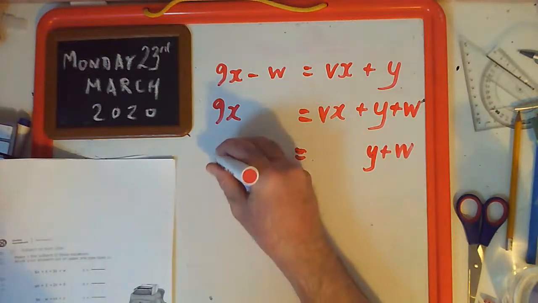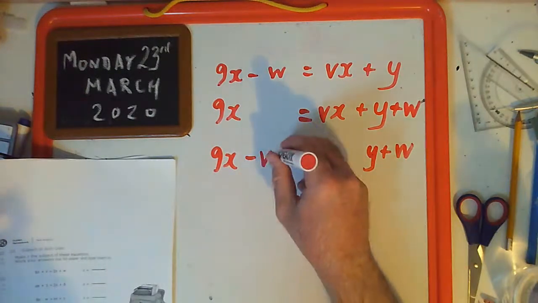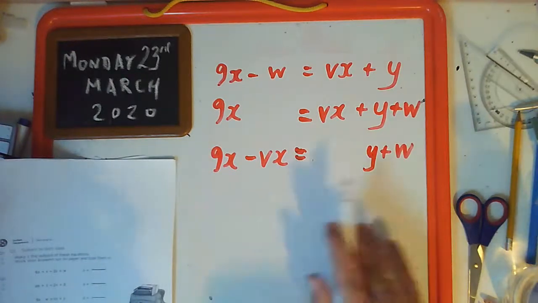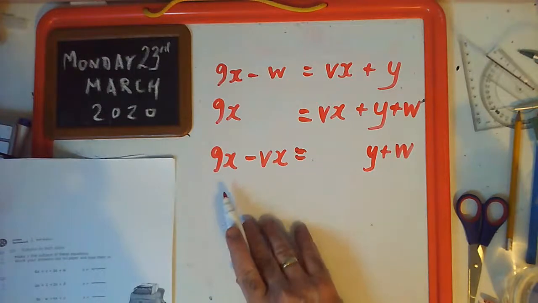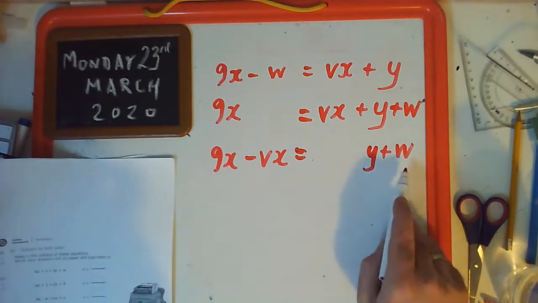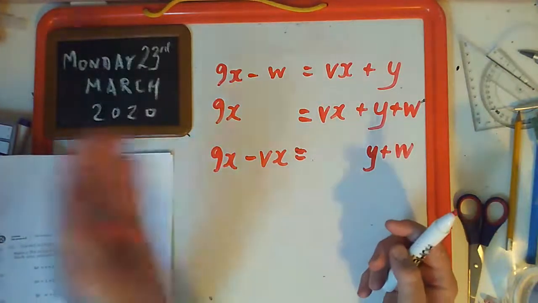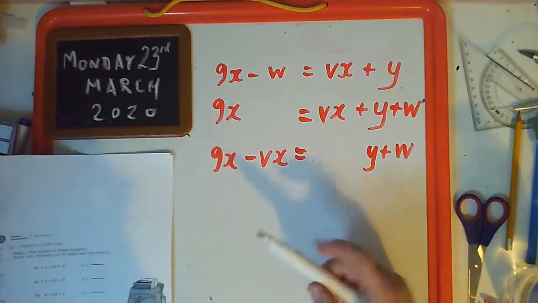But because an equation is like a balance, then I've got to do the same on the left as well. So I'm subtracting vx from both sides, left and right. And that's given me 9x minus vx equals y plus w. So the point of having done all of that is to get all the x stuff on one side and all the other stuff on the other side.